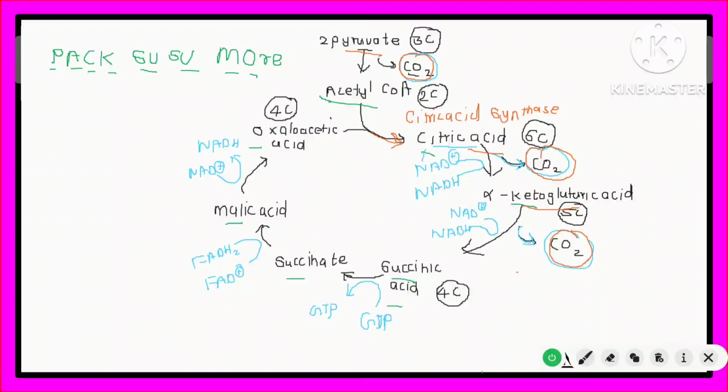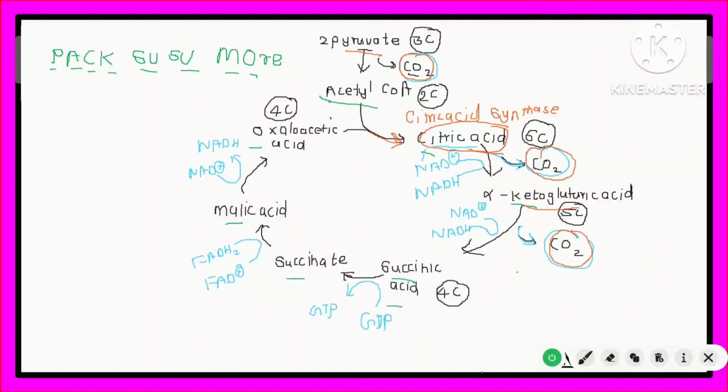These are some important points from the Krebs cycle, or citric acid cycle, or the tricarboxylic acid cycle. After remembering this trick or mnemonic, you will not be able to forget it any more. Now we will see why it is called the Krebs cycle, why it is called the tricarboxylic acid cycle, and why it is called the citric acid cycle. There is the formation of citric acid in the beginning of the Krebs cycle, so it is called the citric acid cycle.